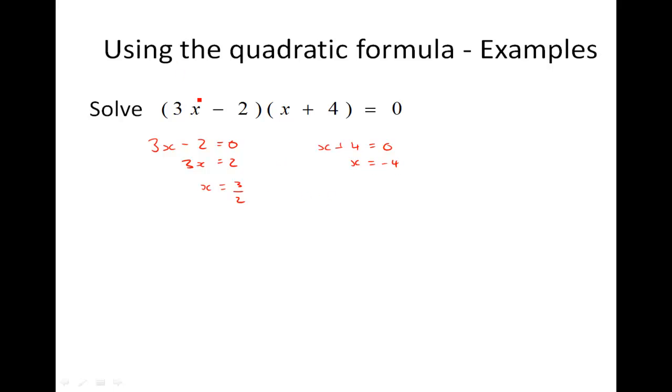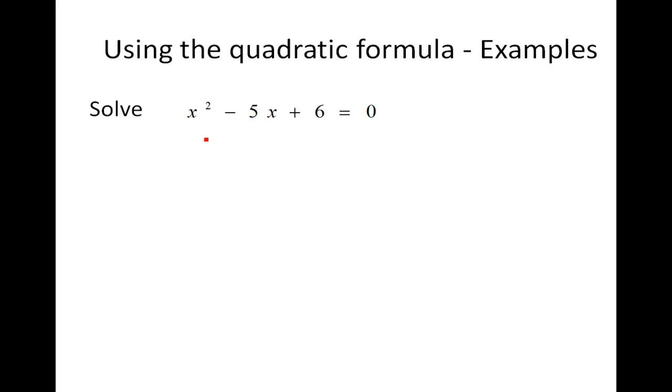So be a bit careful when you have a coefficient in front of the x term. You can't just read off the solutions as easily, although some of you will have seen that you still reverse the sign and just divide. That should be 2 over 3, not 3 over 2 either, so 2 over 3. So just divide that number without the x in it by whatever the coefficient of x was.